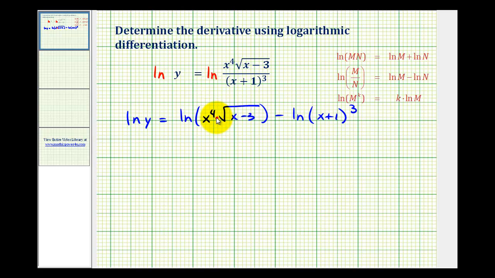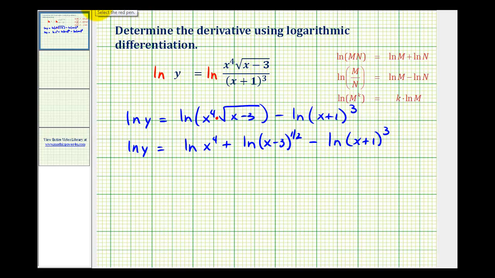Since we have a product of two functions, we can write this as a sum of two natural logs. So we'd have natural log y equals natural log of x to the fourth plus natural log of the square root of x minus 3, which I'm going to write as the quantity x minus 3 to the 1/2, minus natural log the quantity x plus 1 to the third.